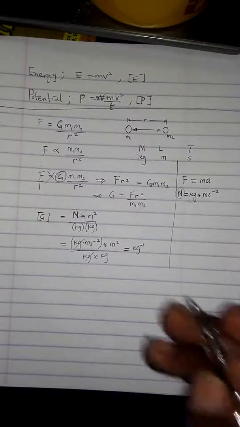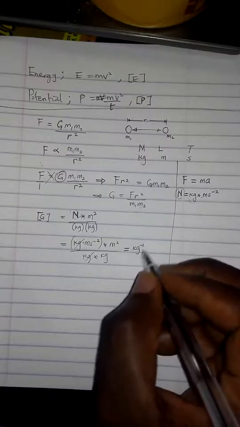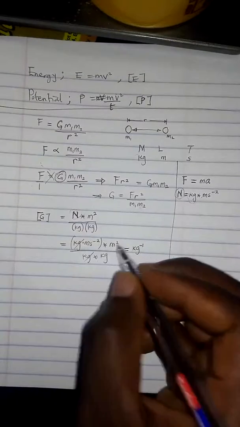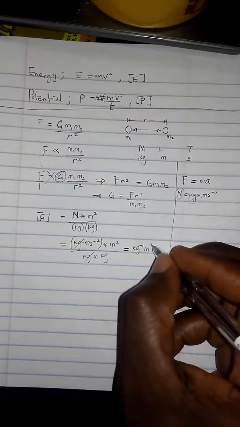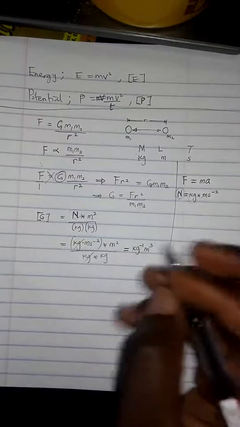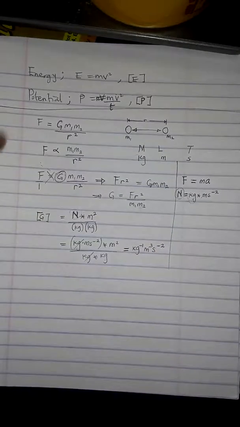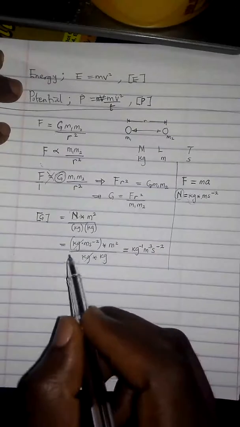So that's why I'm putting kilogram raised to power minus 1 first. Then I have meter multiplied by meter square, which is going to be meter cube. Then I have second multiplied by minus 2, so I have second square. Alright, so that is all that I have here.